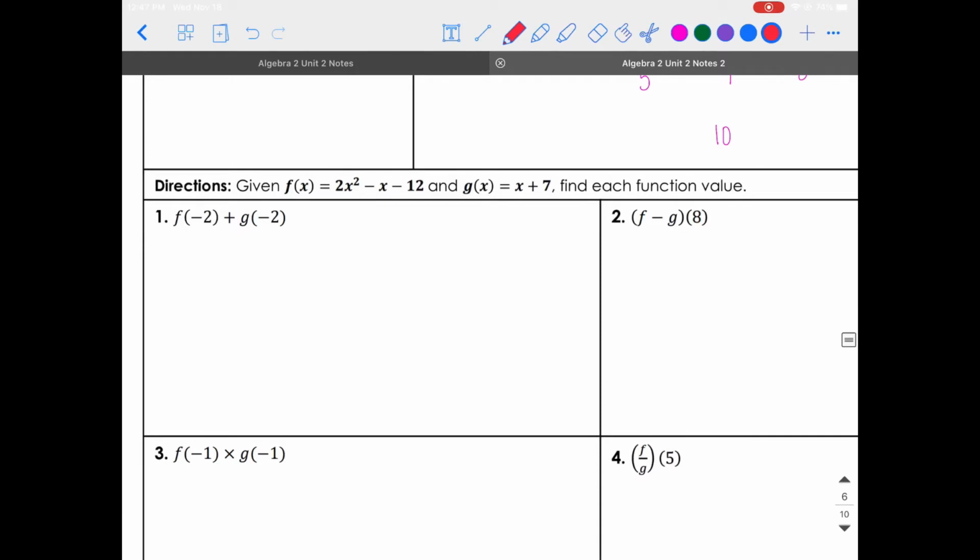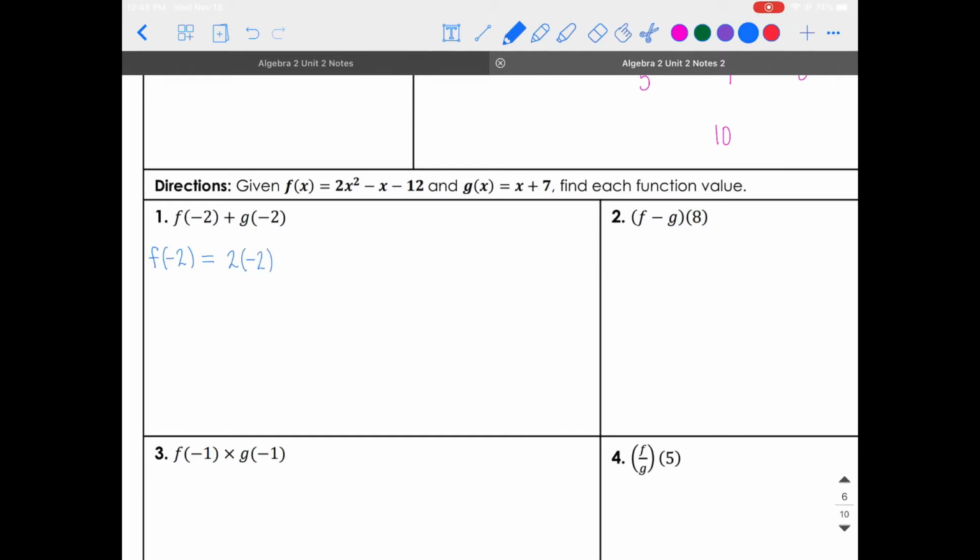Number 1 says find f of negative 2 plus g of negative 2. So I'm going to plug in negative 2 to both functions separately and then add the answers together. So f of negative 2, I'm going to replace the x with negative 2.